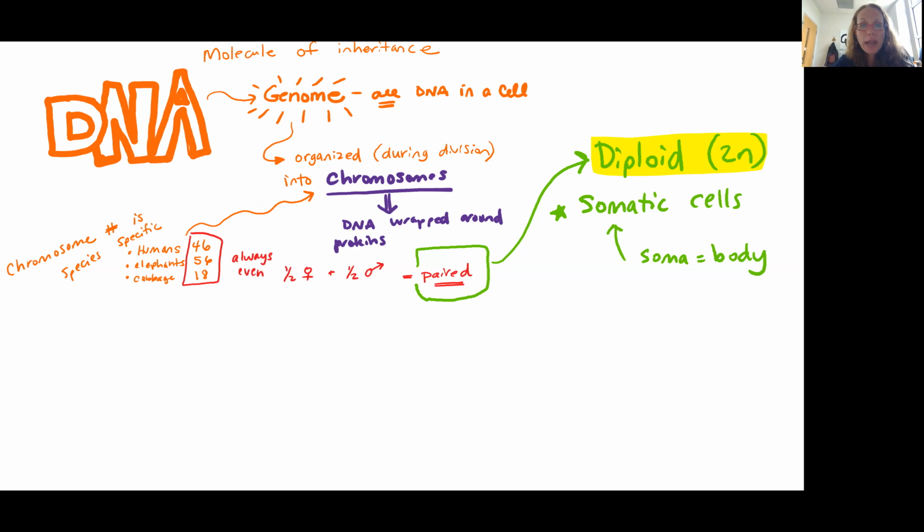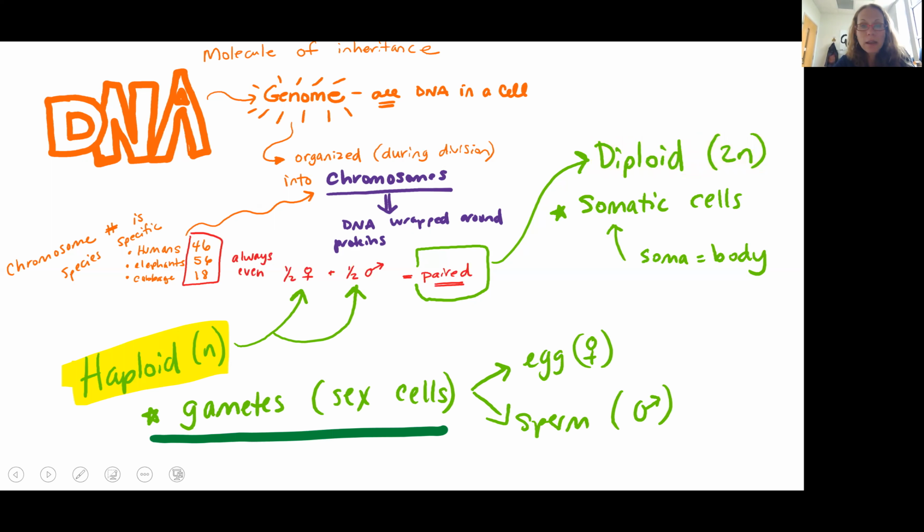We will see for animals especially, and for most of the plants, that our somatic cells, or the cells of our body, are going to be diploid. What we're going to typically see is that the gametes, the sex cells, the egg cell and the sperm cell, are going to be haploid.